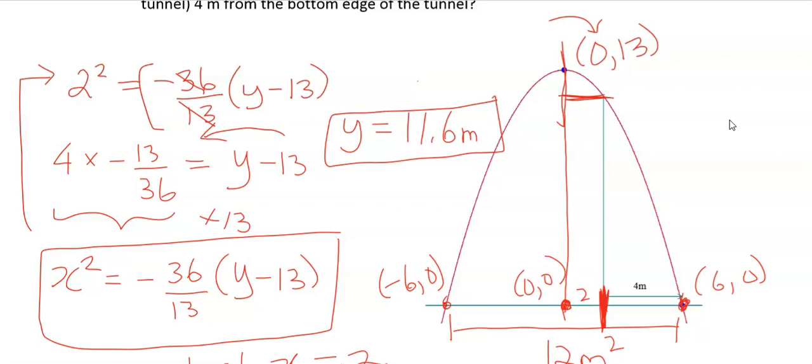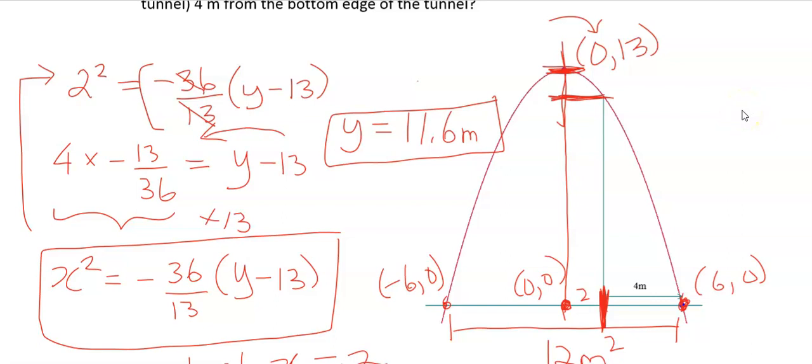So if this height right there is 13, does this height look like it might be about 11.6? You know what? Yeah, it sure does look reasonable, doesn't it? That looks very reasonable, in fact. I have no reason to question the validity of that solution.